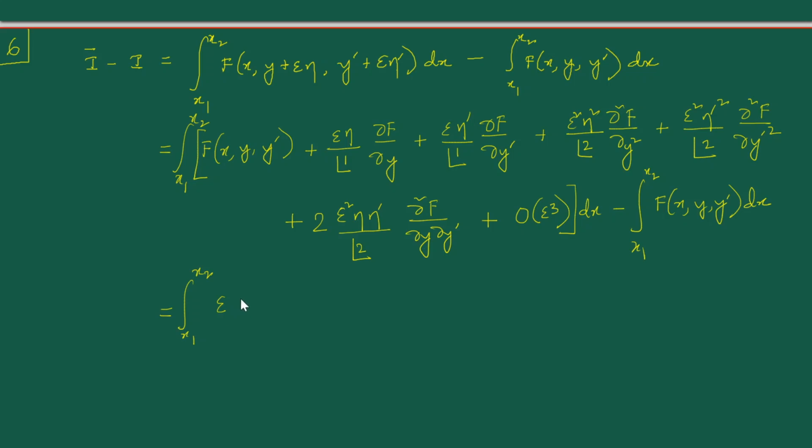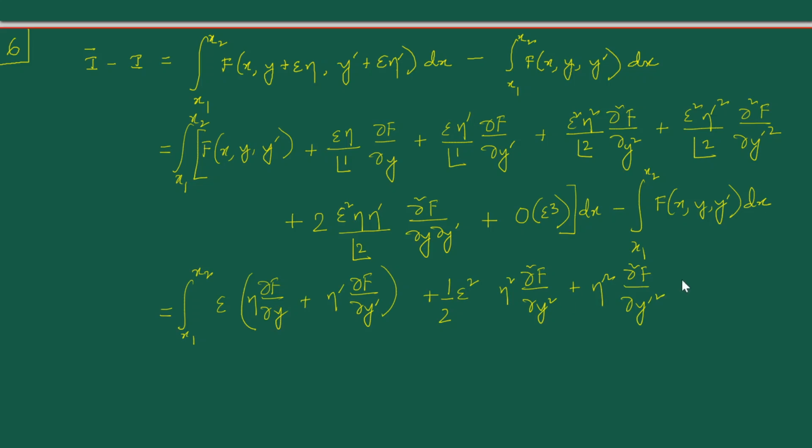So what we end up with here is epsilon times eta del f del y plus eta dash del f del y dash, plus the epsilon square terms, and please note that in each of these epsilon square terms we have a half factor common, so we take that out also, and what we have inside is eta square del square f del y square plus eta dash square del square f del y dash square, and then of course we have this term, twice eta eta dash del square f del y del y dash.